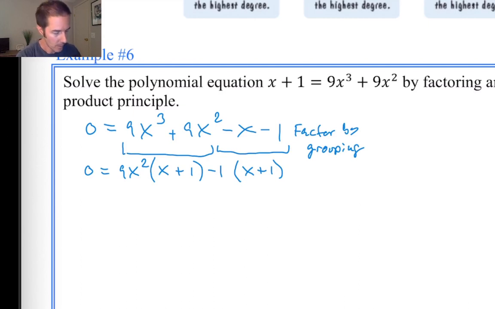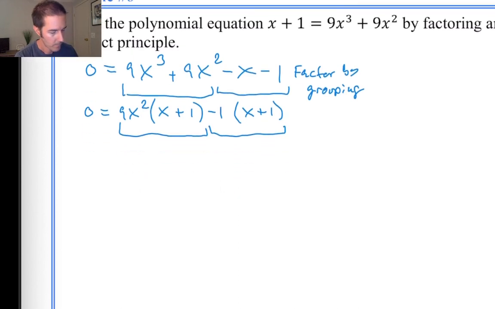Now, same as we did before when solving using the AC method, I'm going to factor again. And I like to take my common factor and write it first. That's the x plus 1. I put my leftovers in their own little piece of Tupperware here.